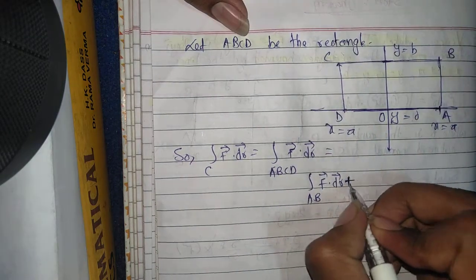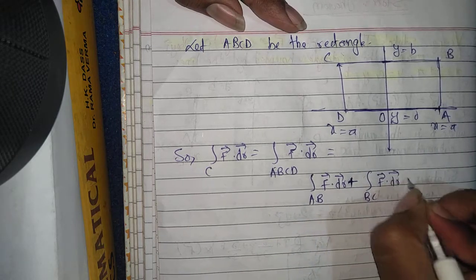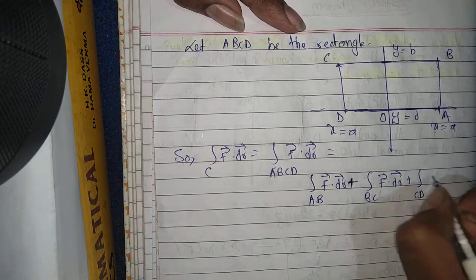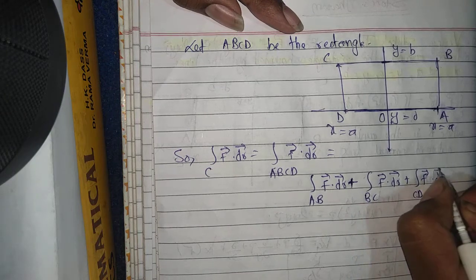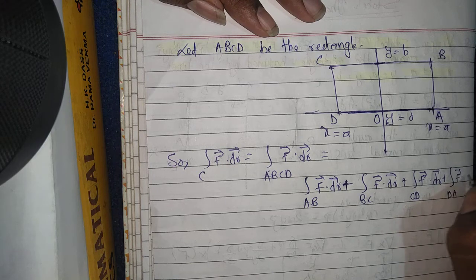Writing it out: the line integral along BC of f dot dr vector, plus along CD of f dot dr vector, plus along DA of f dot dr vector.